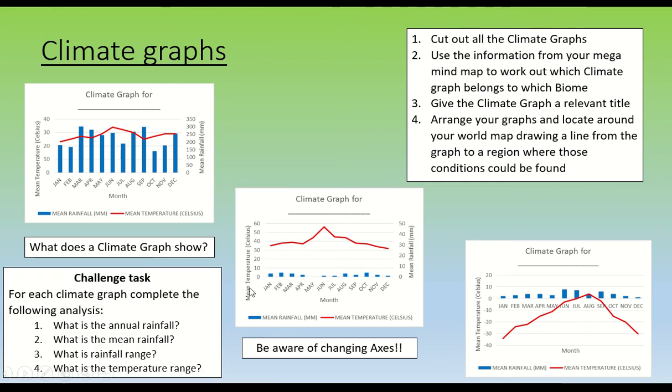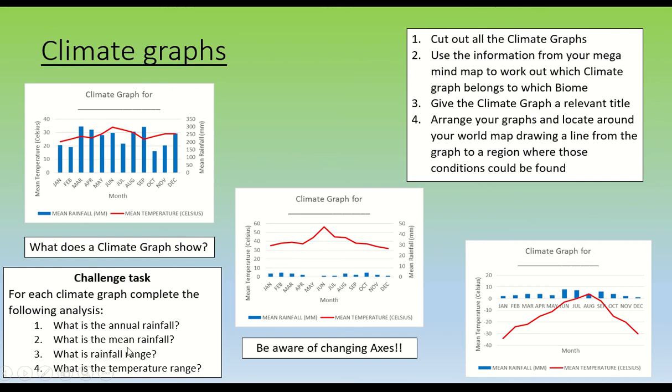If you want a bit of a challenge task, a bit of number crunching is something the exam would like you to do. Try and figure out for each climate graph what the annual rainfall is. You would work that out by adding up, roughly, because you haven't got exact numbers, how much rainfall a place gets: all the little blue bars, added together for the year.